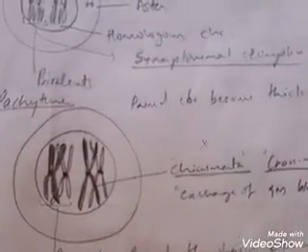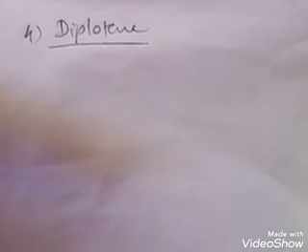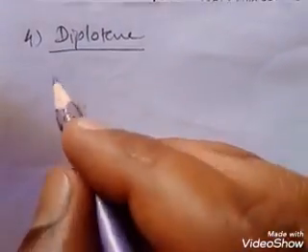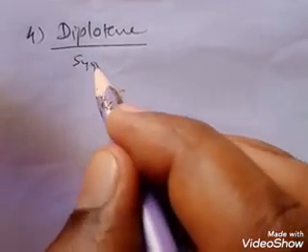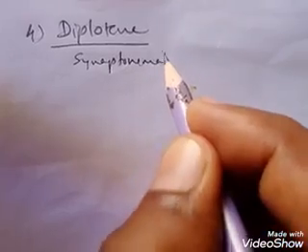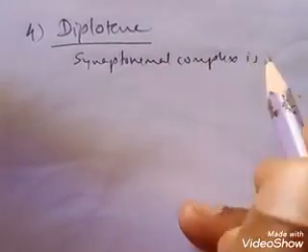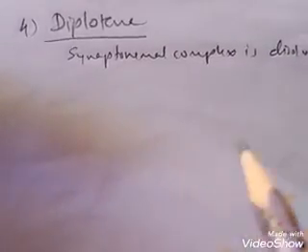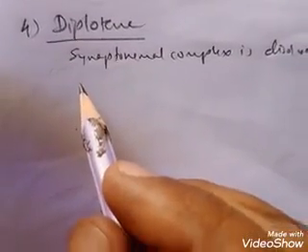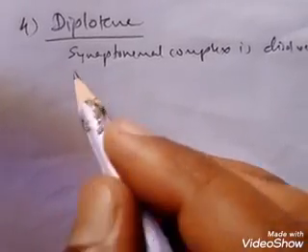Next we go for the diplotene. I'll take it here on the next page. In the diplotene stage, the synaptonemal complex is dissolved, and the homologous chromosomes repel each other.